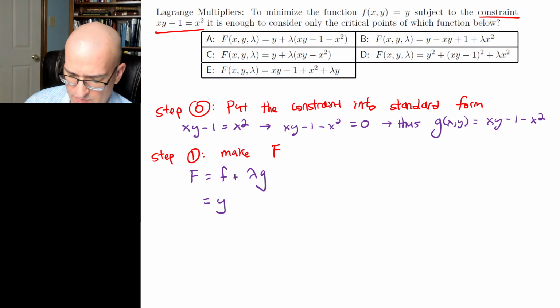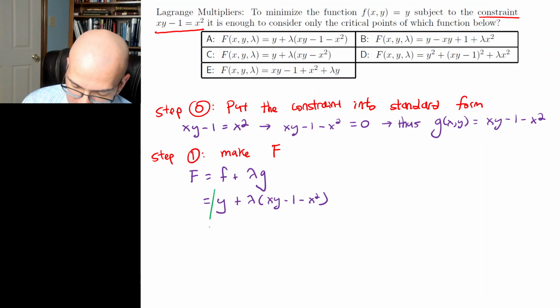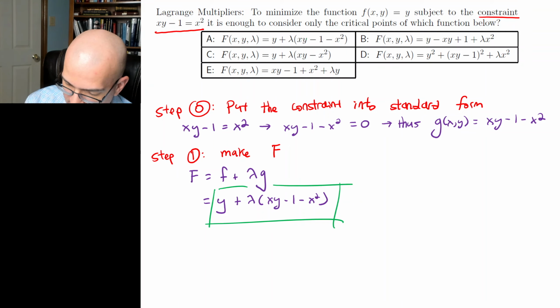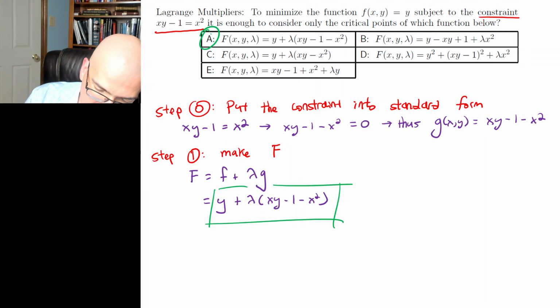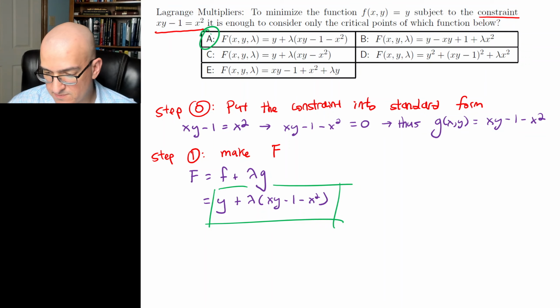Kind of weird looking, just y, but hey, that's it. Plus lambda times our constraint, xy minus 1 minus x squared. And do we have something that looks like this? y plus lambda times xy minus 1 minus x squared. Yeah, we have option A. That's it.